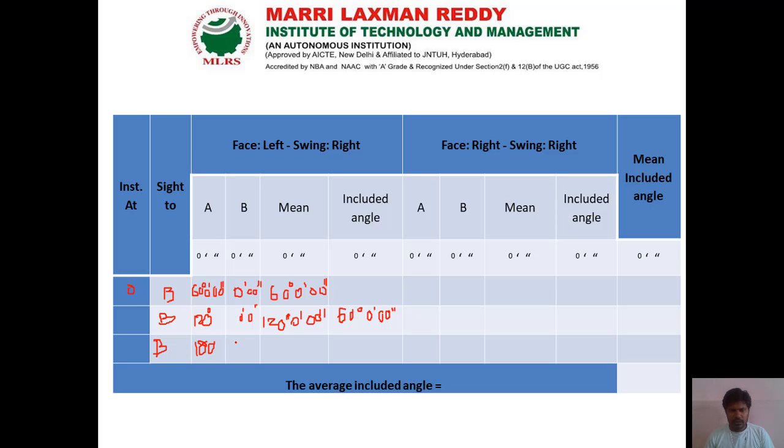So we have to write all the minutes and seconds as well, where 0 degree is 0 minutes, and 180 degree is the value. Now the included angle becomes 180 degree minus 120 degree, which is 60 degree.